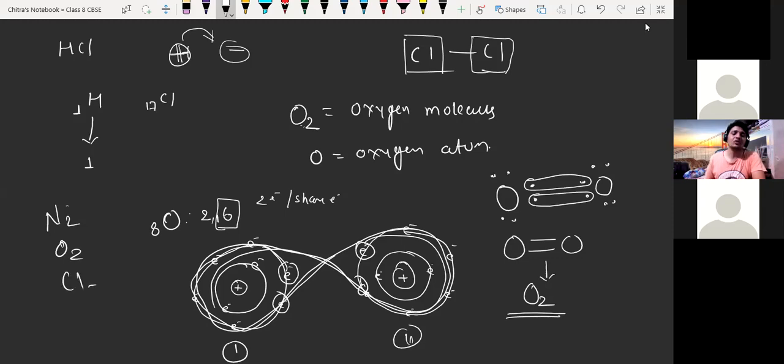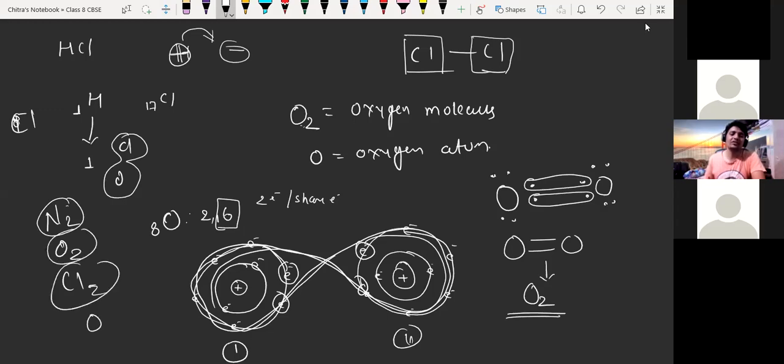An element is represented by a single atom. And if they are present in diatomic or triatomic form, sometimes oxygen contains 3 atoms, which is called ozone. So again, they are molecules of the same atom.